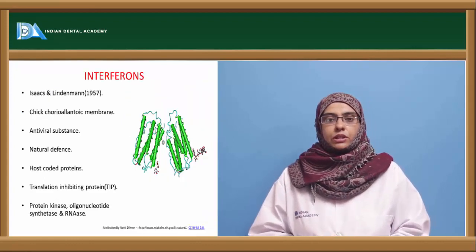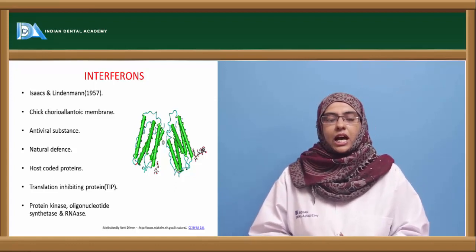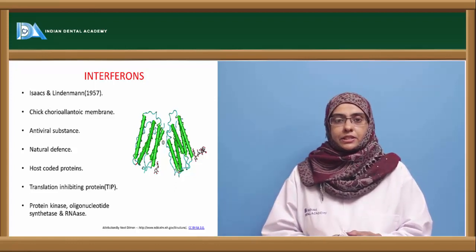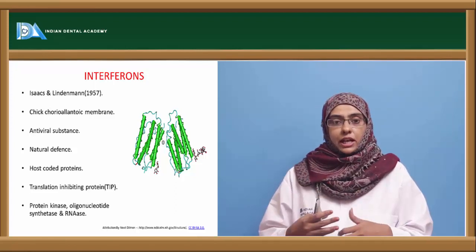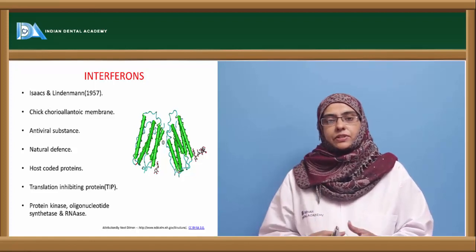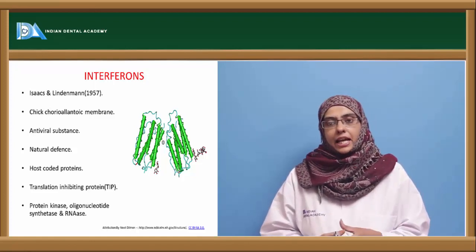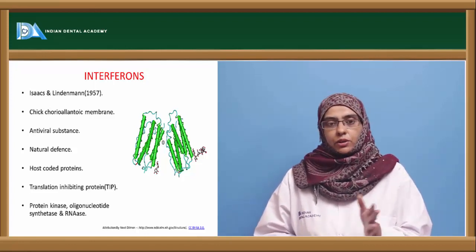Now, coming to the next important topic, the interferons. These interferons are nothing but antiviral substances that are produced by the host in response to viral infection. So, they are natural defenses produced against viral infection. This was first demonstrated by Isaacs and Lindenmann in 1957, where they were studying the chick chorioallantoic membrane.